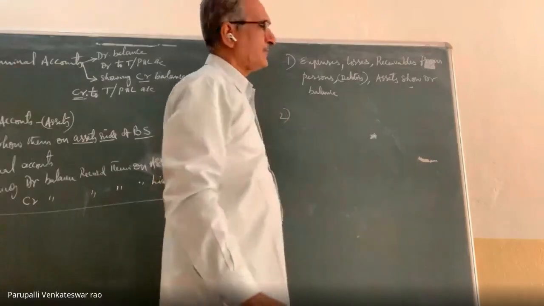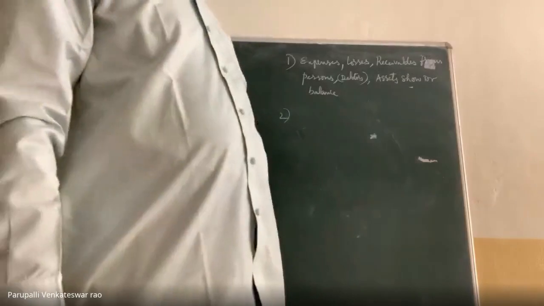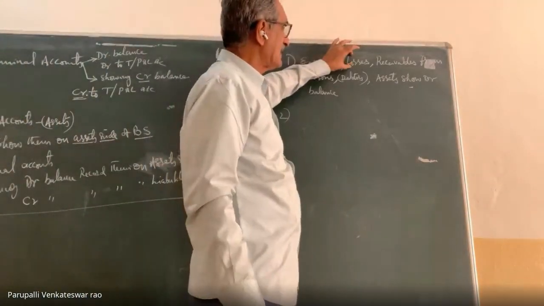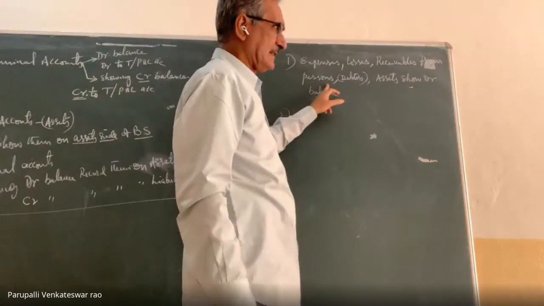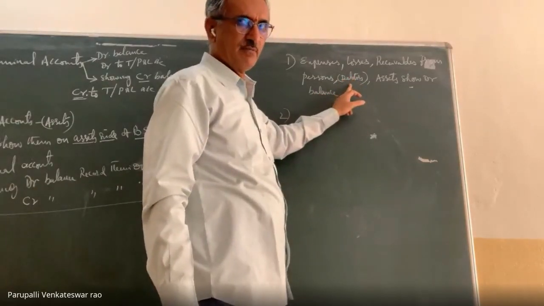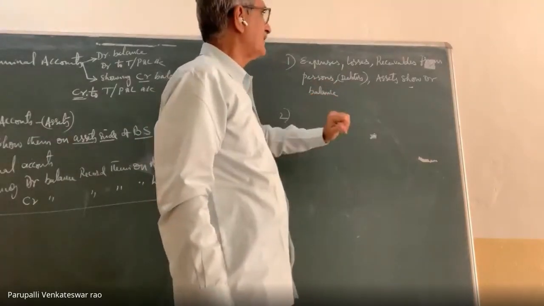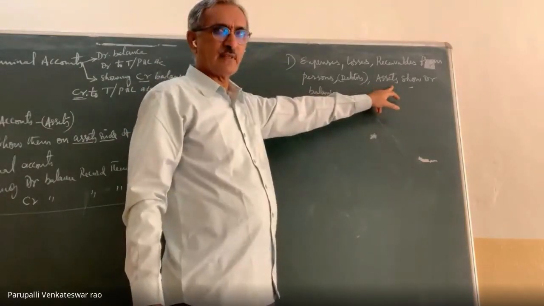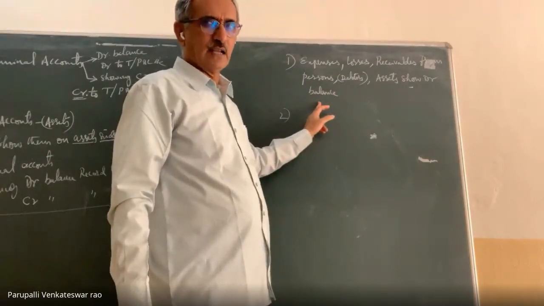In the trial balance, when you prepare, sometimes a short question may be given. Prepare trial balance from the following: expenses, losses, receivables from persons. You have to receive from persons. Debtors is an example. Receivables from persons, maybe natural persons, artificial or representative persons. And assets. All will show a debit balance.